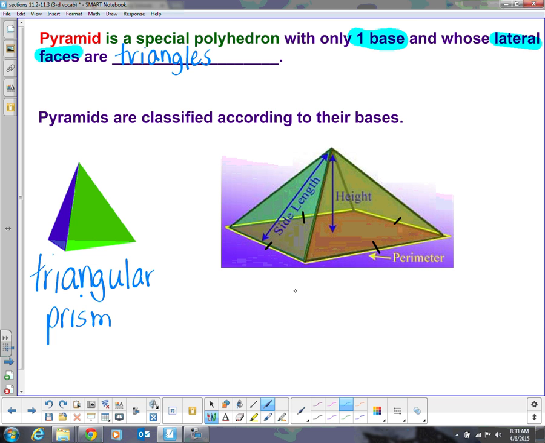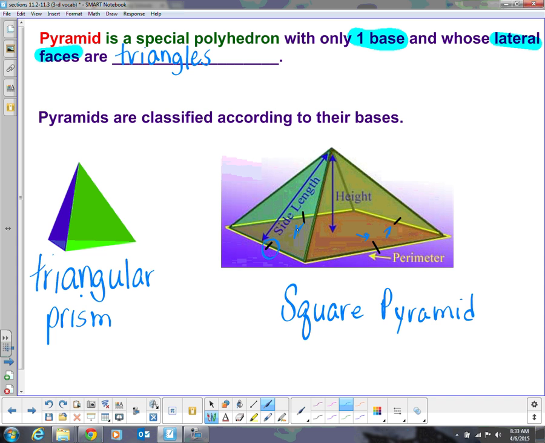What do you think this one's called? It's going to be square. Why? If it had not had these marks right here, you see those? If it hadn't had those, I would have said rectangular.